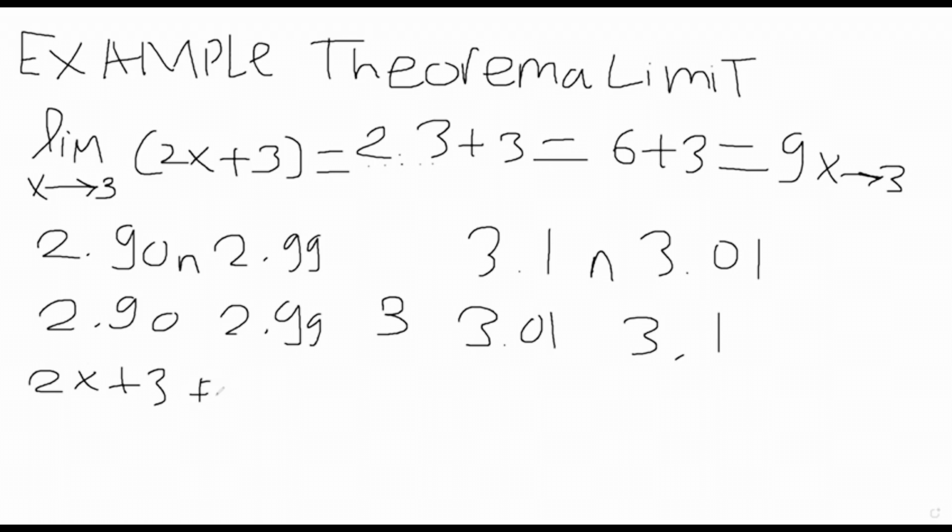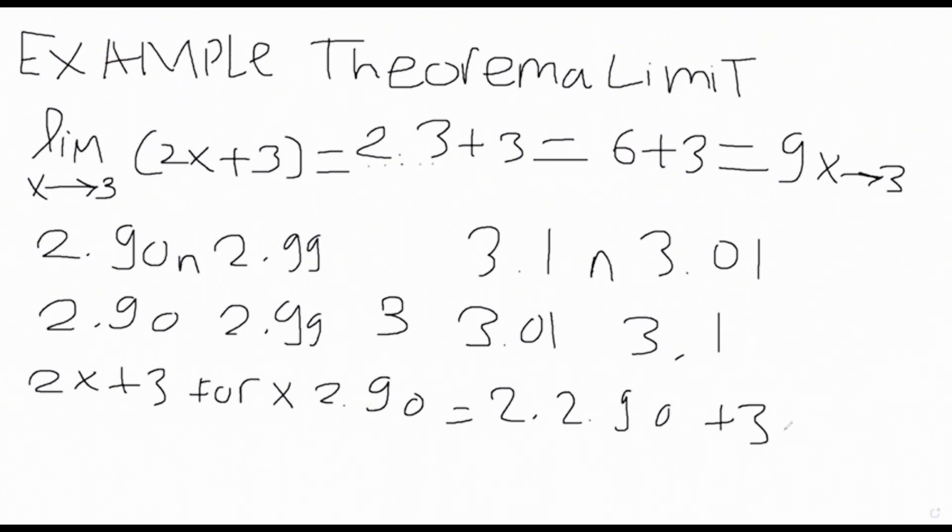For 2.90, then it becomes 2 times 2.90 plus 3, which equals 8.8.